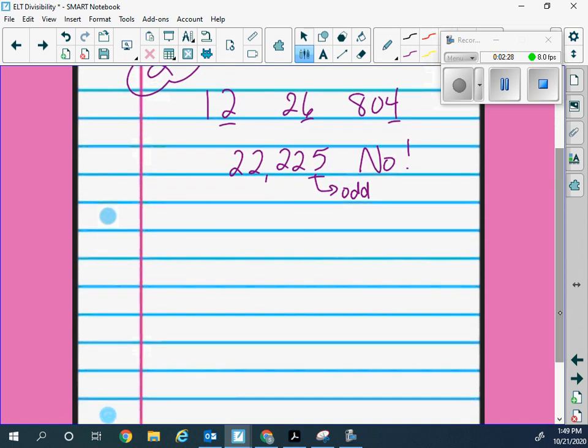How about 3? It's kind of a hard rule. 3 is not like 2. Does anybody happen to know? You're really not supposed to know. What you have to do for 3s is add all the digits in the number.